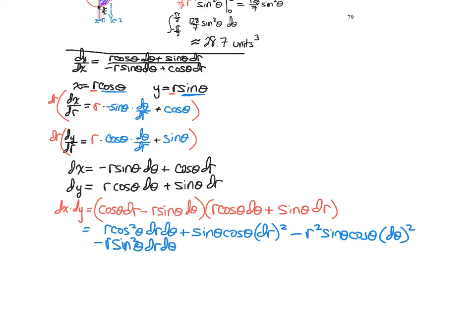Cosine squared dr d theta. Good. That one's fine. Yeah, there's nothing wrong with it. I mean, unless there is something I'm just not seeing.